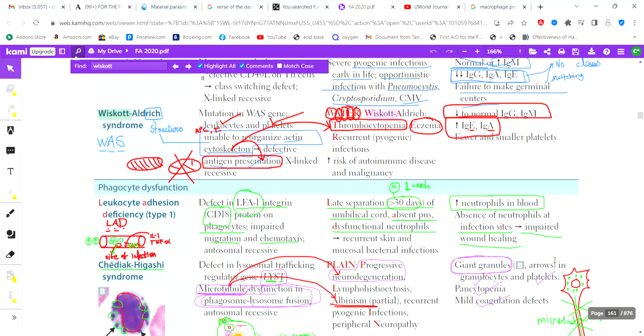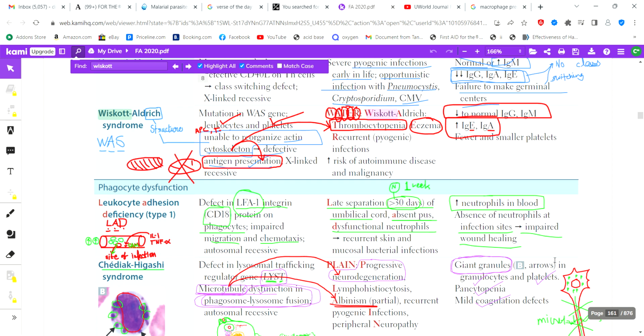So this is a mutation in the WAS gene. Leukocytes and platelets are unable to recognize actin cytoskeleton. This causes the defective antigen presentation.